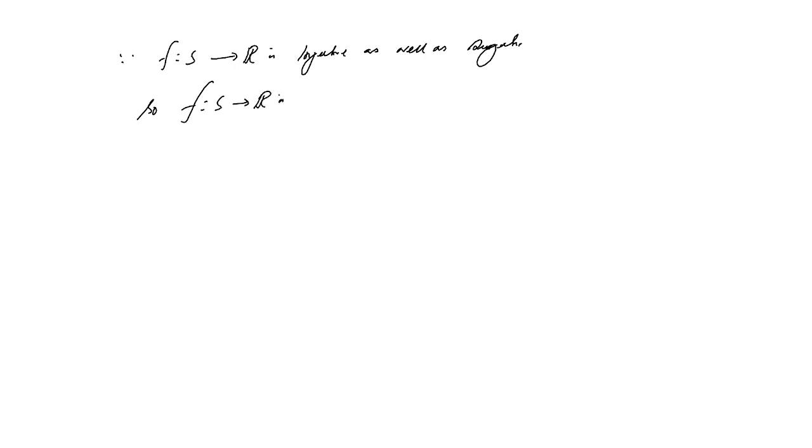Now what is our conclusion? Since f: S to R is injective as well as surjective, so f: S to R is a bijective mapping, so this is a bijection.